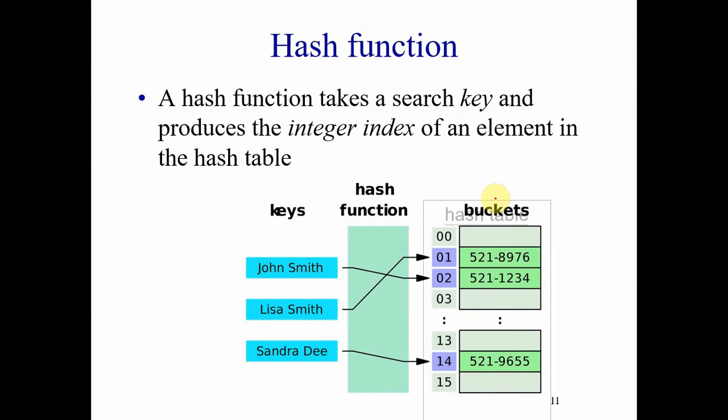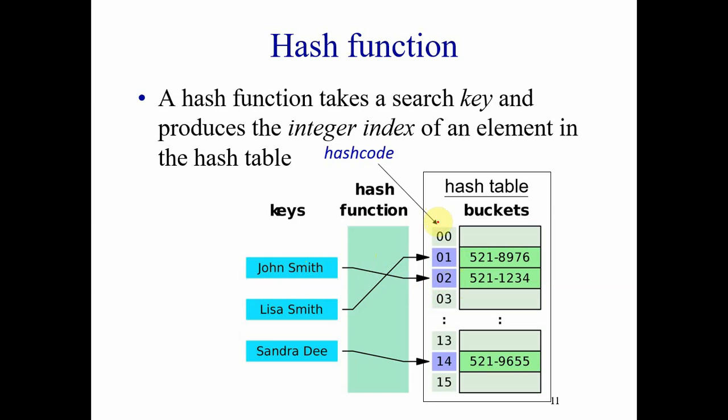That is, given this, it tries to identify the position that the keys should be located in. For example, this John Smith, after this hashing, it gives you this 02, and you can identify the location. It is called a hash code here, and it identifies the location and puts the item there.